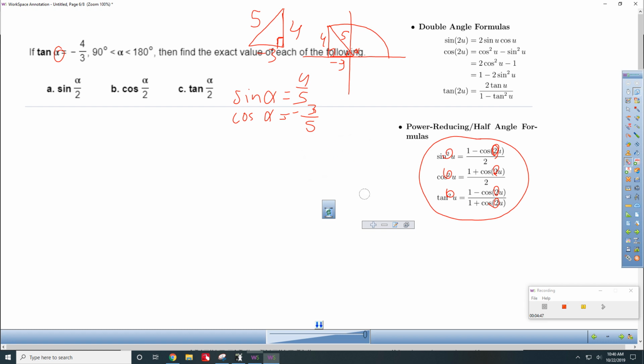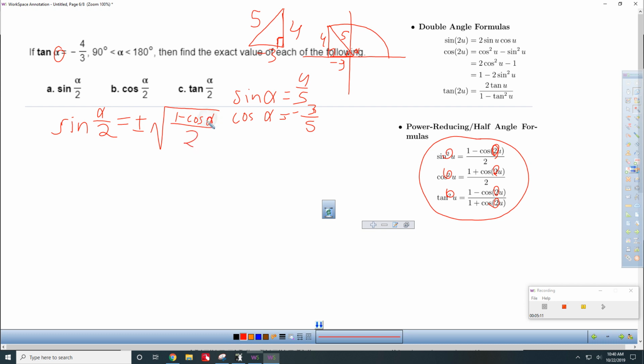Yeah, so now we're going to apply those formulas. The first one, sine A/2, is what we're trying to find. Let's put our formula down: plus or minus radical 1 minus cosine A over 2. You're always going to change this variable depending on the one that's on this side of the equation right here. Now we plug in all of our variables.